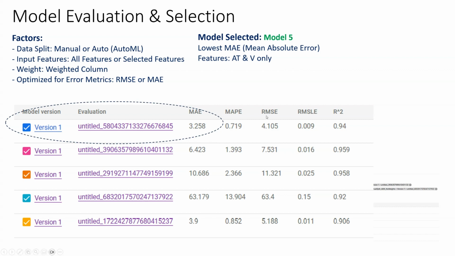We have the MSE, the root mean squared error, and we have MAPE. However, the ones we are concerned with in this case are MAE and RMSE. Out of all these models, the one which performed the best was Model 5, with two input variables, AT, which is ambient temperature, and vacuum exhaust.